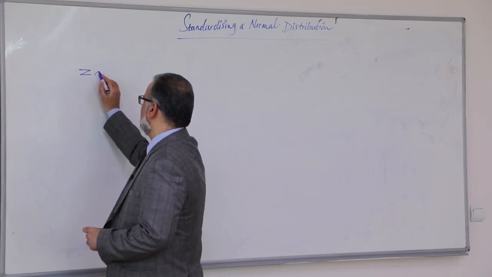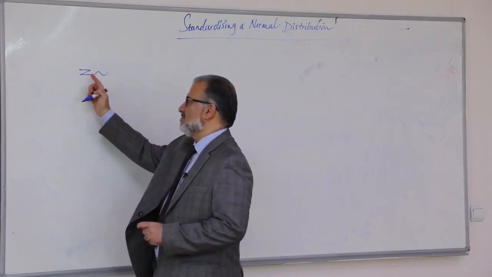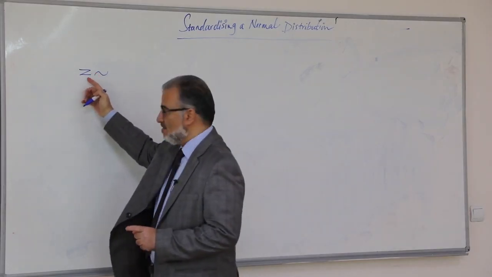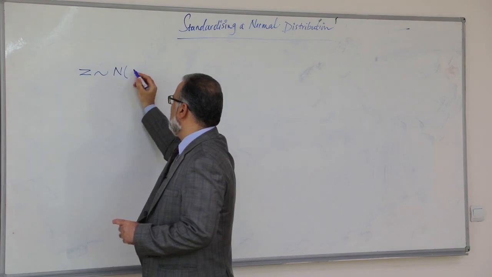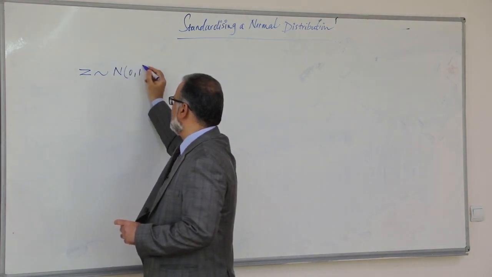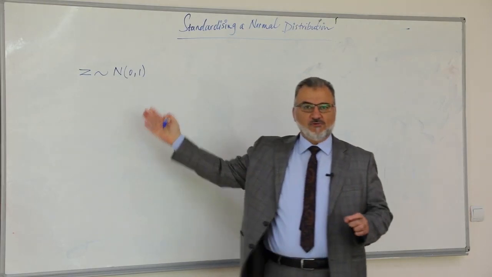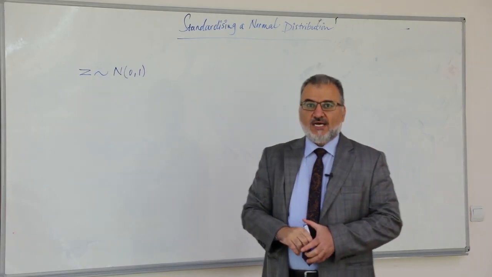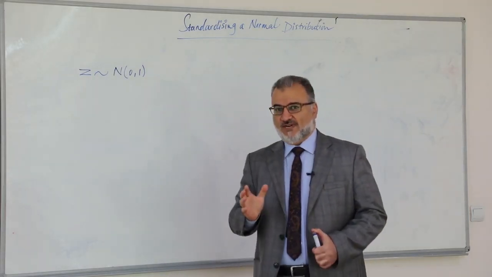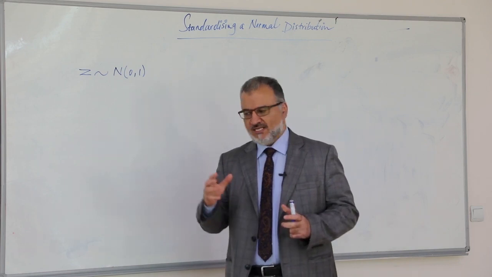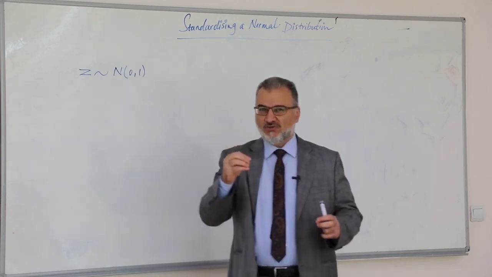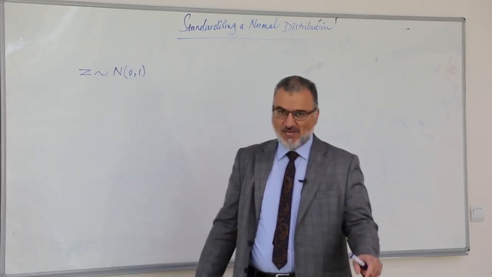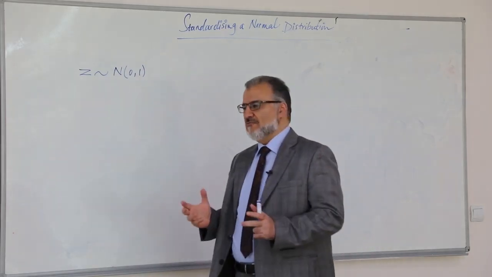If we have a standard normal continuous random variable with mean 0 and variance 1, we managed to find the probability involving that variable using the standard normal distribution tables in your book on page 222, if you remember.